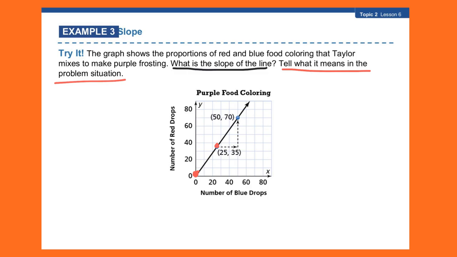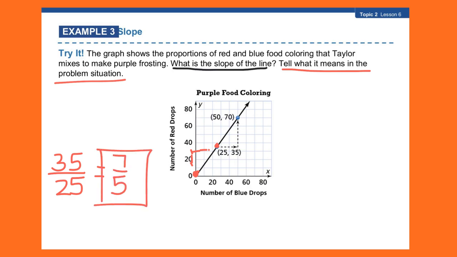All right, I'm going to count up to 35. That's my rise. I'm going to count over to 25. That's my run. I'm going to simplify that by dividing both of those by 5. So my slope is 7/5.